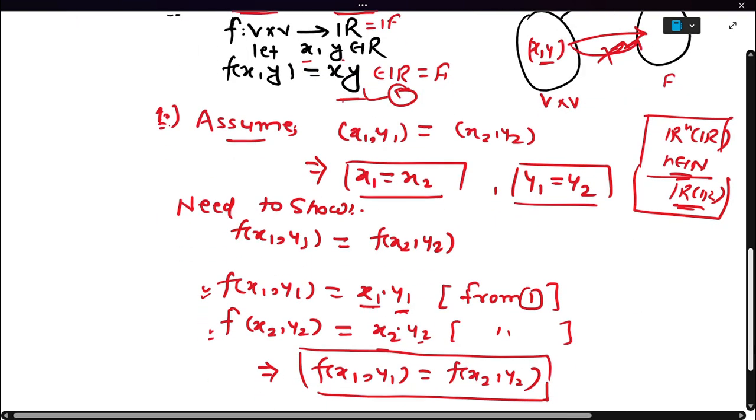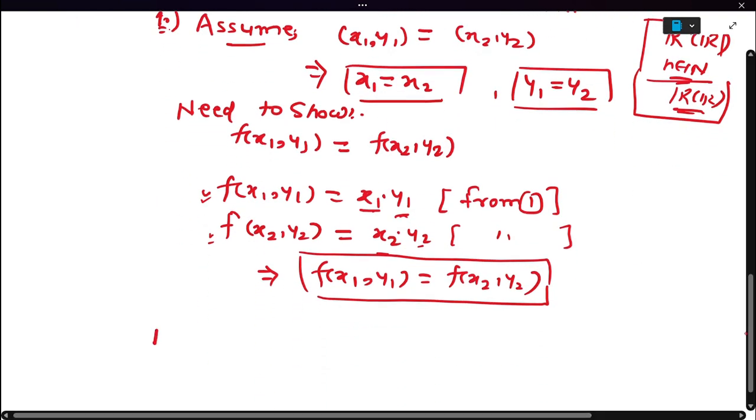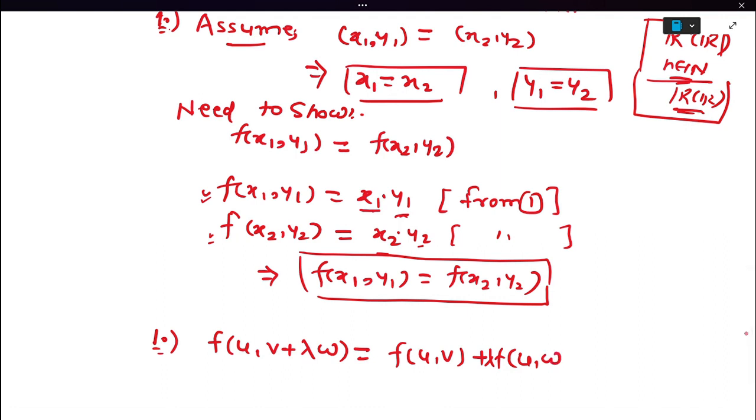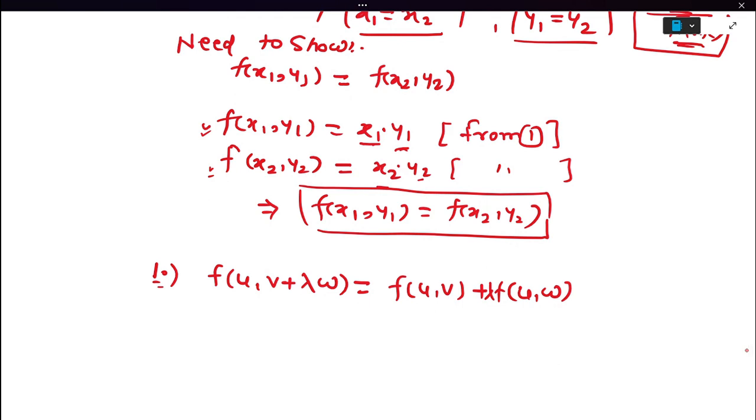Okay, so now we will check first. What we will see is that f(u, v plus lambda w) should be equal to f(u, v) plus lambda f(u, w). This should be equal, meaning linear in the second coordinate.